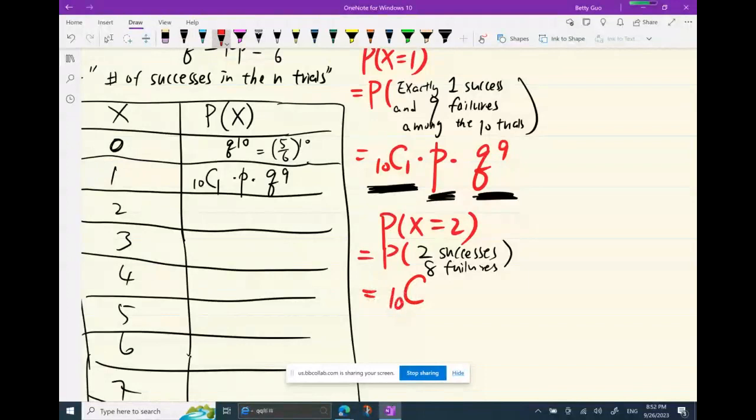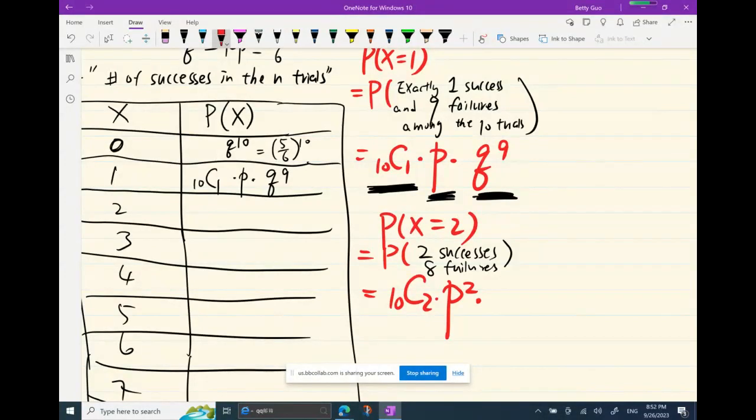We firstly pick 2 trials from the 10 trials. It could be the first 2, or the last 2, or the middle 2, or any 2 of the 10 trials. Now we have 2 trials picked, and we give those 2 trials successes. So P times P, P squared.